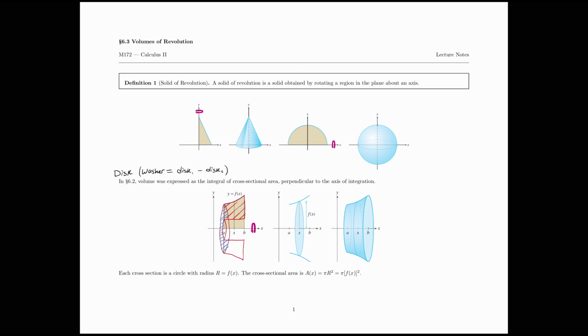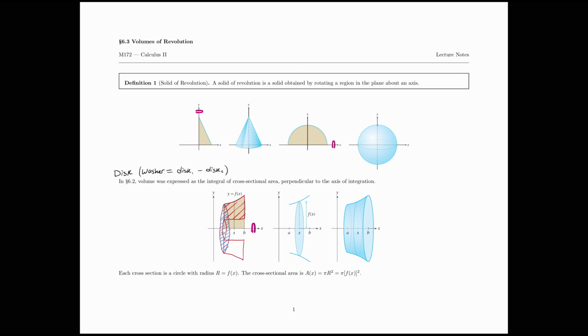And this is precisely what a washer is. It's a big disk, outer disk, minus inner disk. You first find the volume of just this, then you subtract the volume of that. So a washer is big disk minus little disk. In which case, this formula here is not valid.